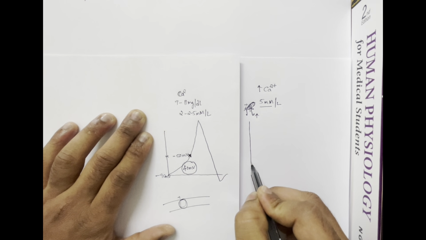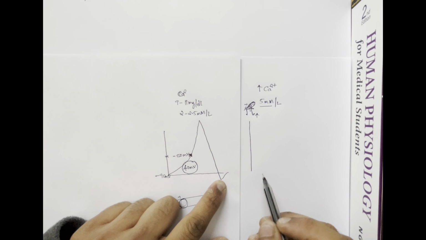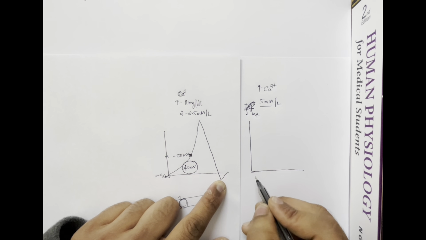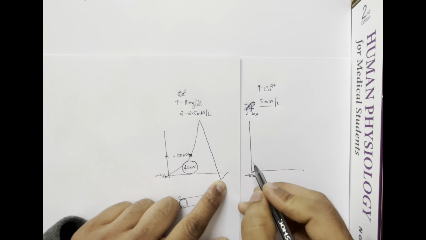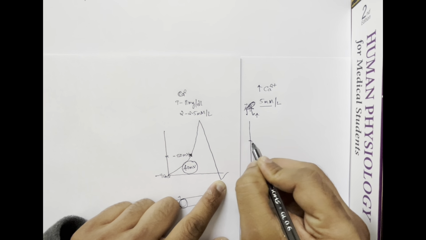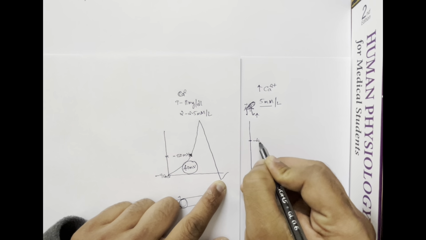Now let us explain this with the graph. See what happens when there is an increase in calcium ions. It binds to the voltage gated sodium ion channels. So the threshold potential for these channels is increased, so that when the stimulus is applied, the membrane potential from minus 90 millivolt has to be taken to a very high level, that is around minus 40 millivolt.